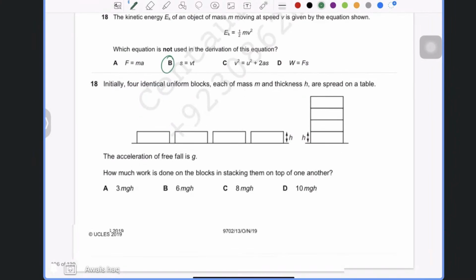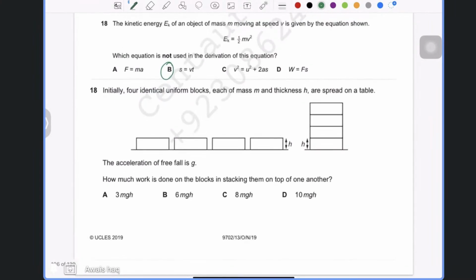All right. So this is by far the latest question. It's very, very annoying as well. So what we're going to do is look at this. It says initially 4 identical blocks of mass m and thickness h are spread on the table.